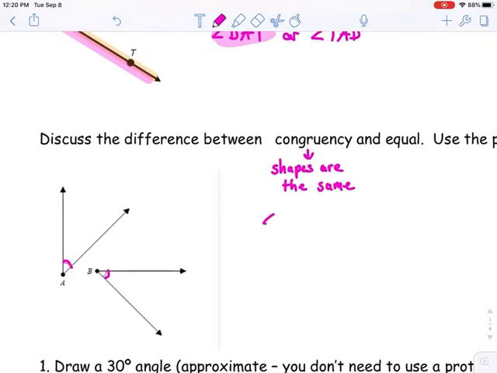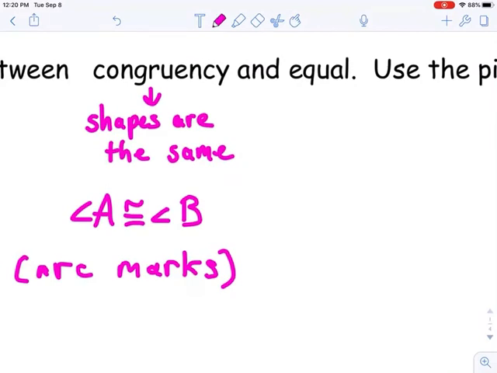I can say angle A is congruent to angle B and use those little arc marks. Those arc marks are like tick marks. They tell us when angles are congruent. When shapes are the same, we say congruent. So that angle is congruent to that angle.